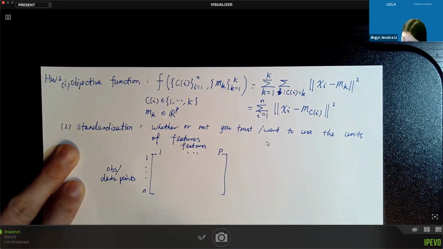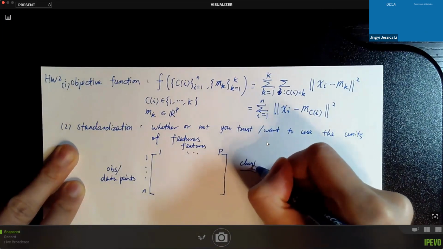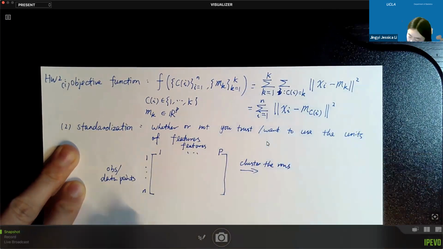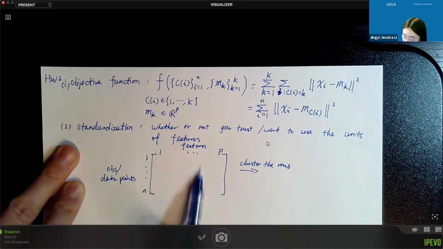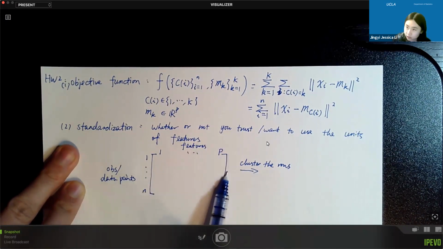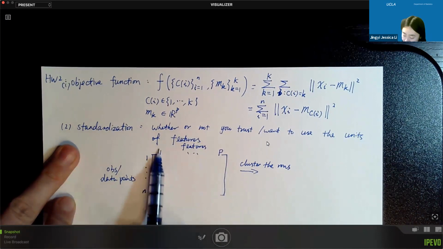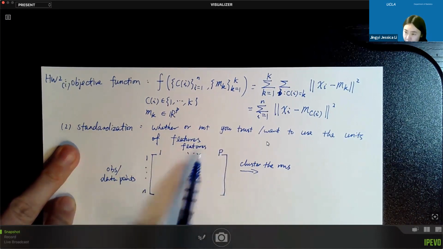So when you do clustering, if you want to cluster the rows, the observations, then the question is whether you trust the original units of the features in your matrix. For gene expression data, especially high throughput gene expression data, the P features are P genes that are measured together simultaneously in one experiment.